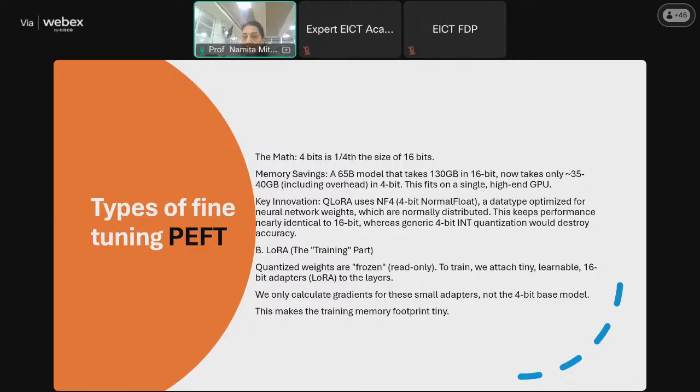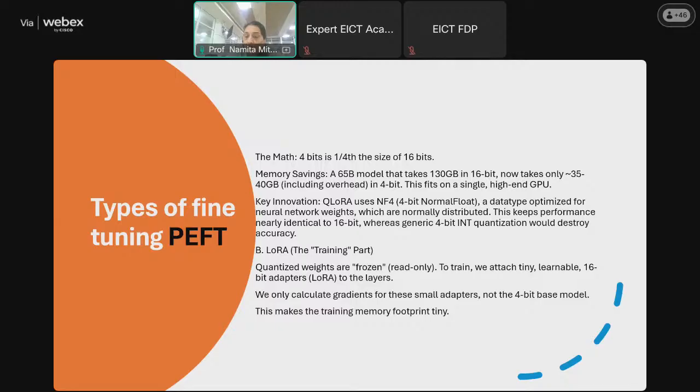If you have any questions, please let me know. The training is done on the LoRA part, which is 16-bit. The quantized weights are frozen. Quantized means the compressed one is read-only. To train, we attach tiny learnable 16-bit adapters.